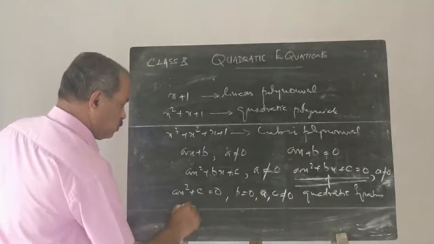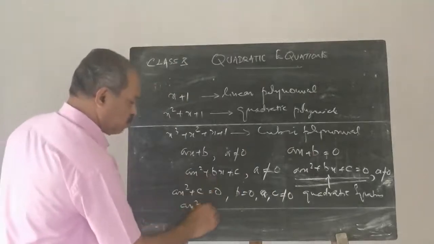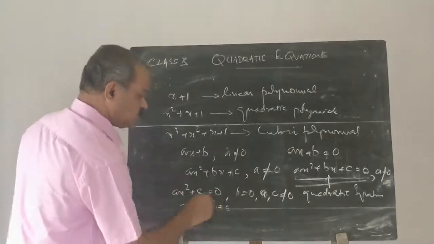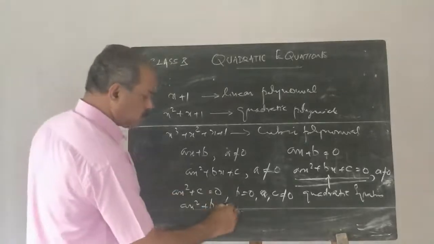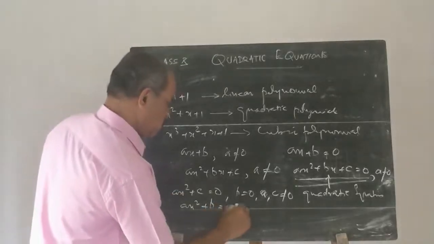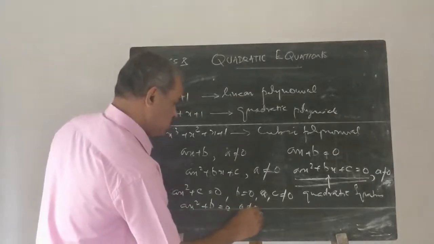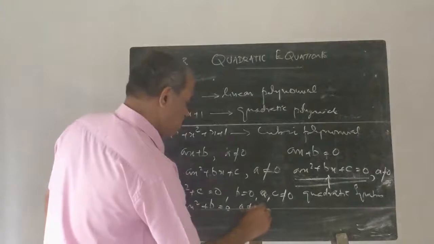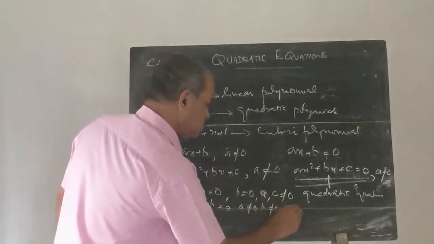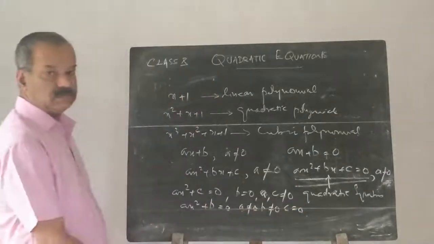If c equals 0, what happens? With b not equal to 0, we get ax square plus bx equals 0. This is also a quadratic equation. Here a is not equal to 0, b is not equal to 0, c equals 0.